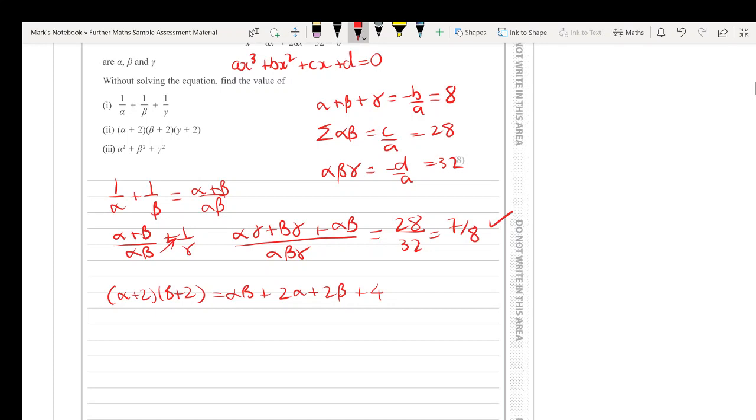And then we expand all of that by the third one, multiplying by gamma plus 2, and that will give me alpha beta gamma, which is good because we've already got that, then plus 2 alpha beta, then plus 4 alpha gamma, plus 4 alpha, plus 2 beta gamma, plus 4 beta, and finally plus 4 gamma plus 8.